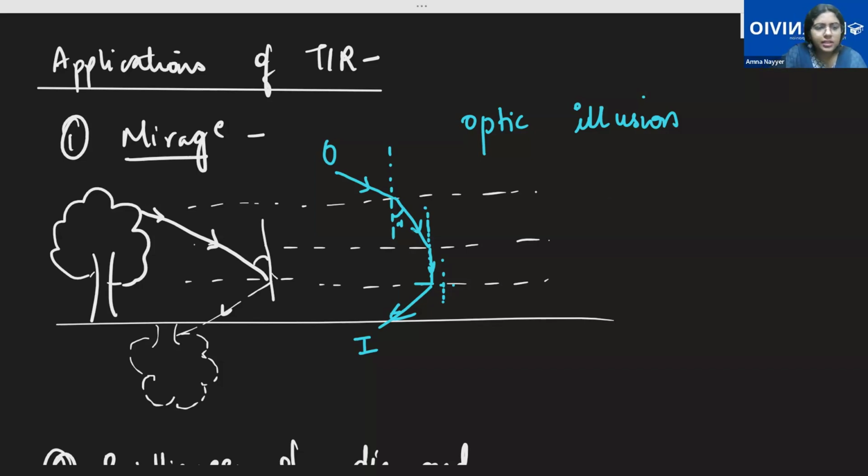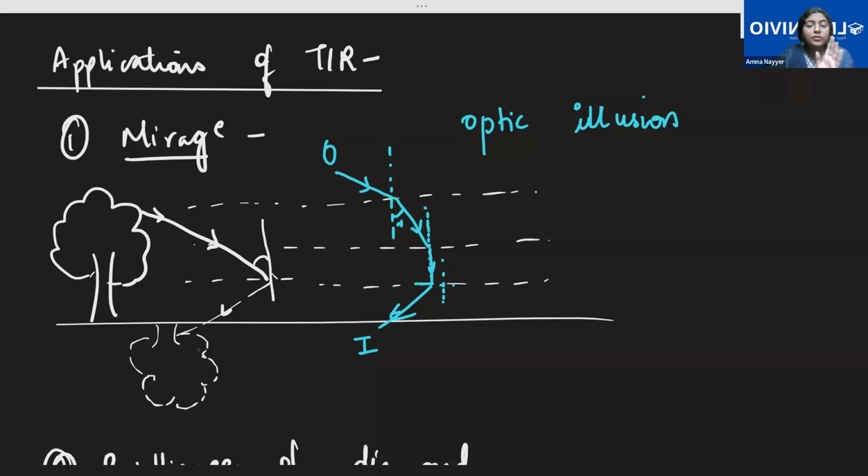Like this, you can see if this is a tree on the ground, not a very bright, clear, beautiful image will be formed. A dull, light, uneven image is formed, but yes, something is formed, a slight reflection. And this is formed from the rays which are able to reach. Not all the rays are able to reach the ground back from the atmosphere.